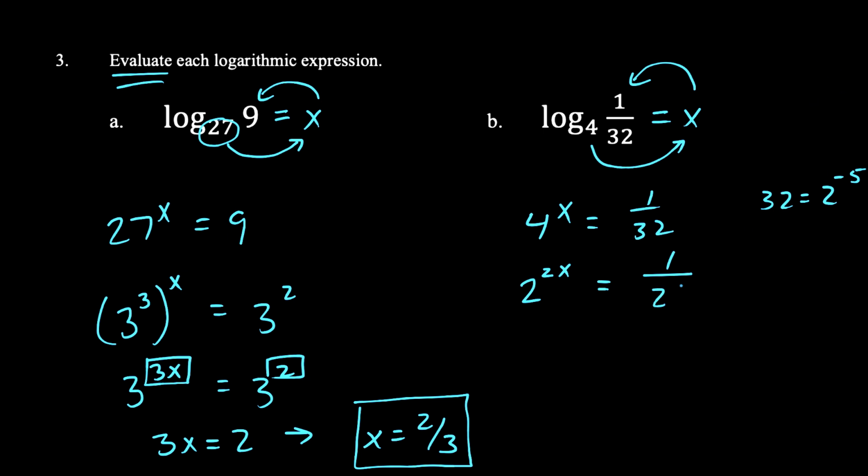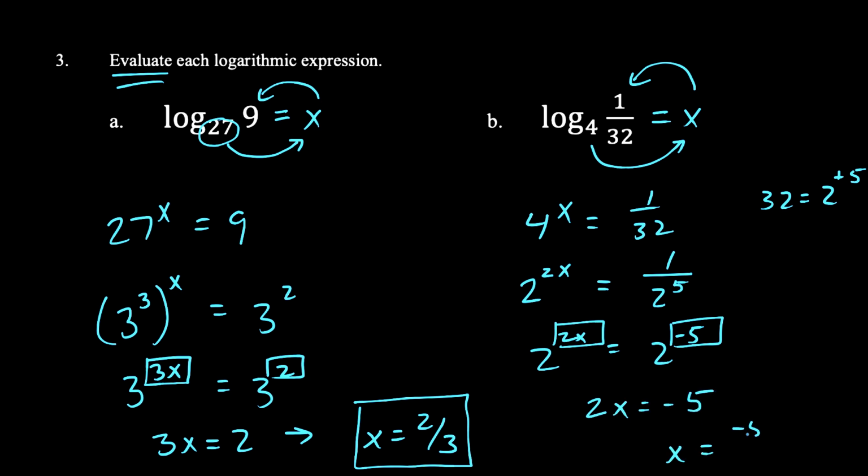So now 1 over 2 to the 5th will end up equaling 2 to the -5th using negative exponents. So now we can equate those exponents: 2x is equal to -5. So that means in this case that x is going to equal -5/2.